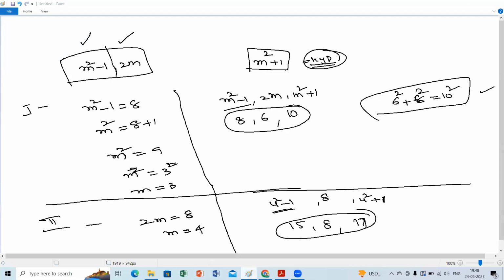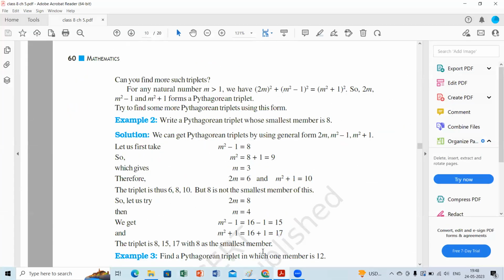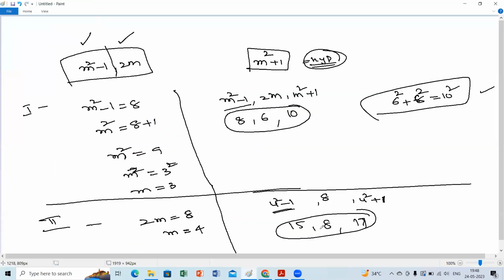Come on, hurry up, children. 289, ma'am. Yes, 8, 15, 17. With 8 as the smallest, we are getting it right. 8, 15, 17, and here 6, 8, 10. Both are Pythagorean triplets. But according to our question, 8 should be the smallest of the three.